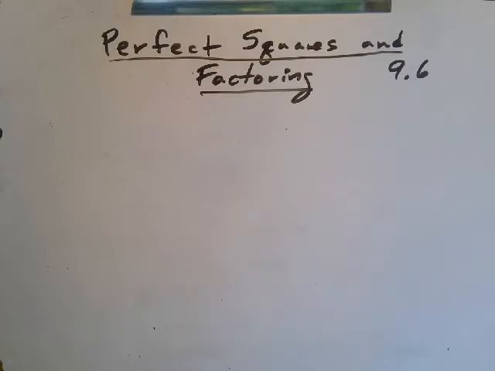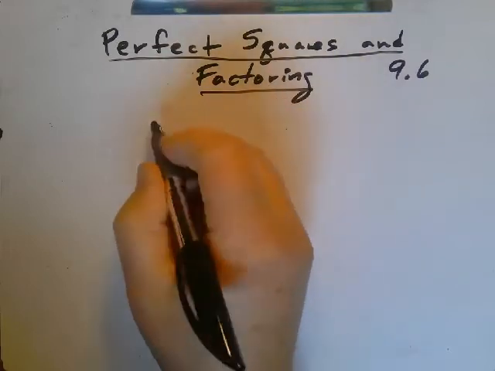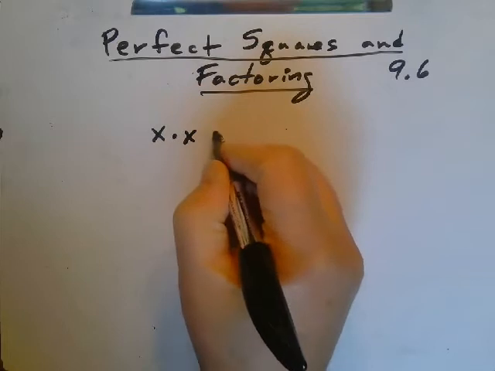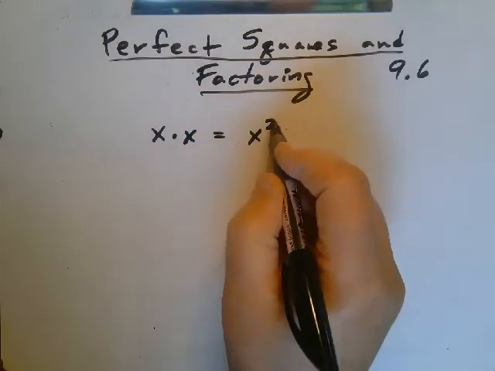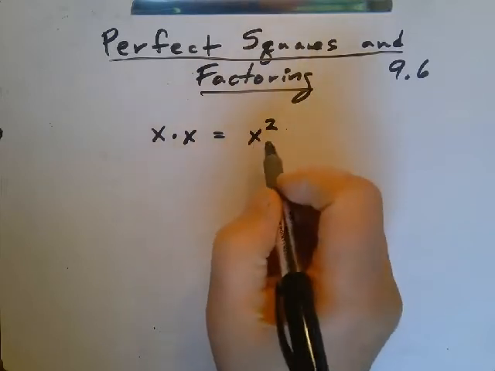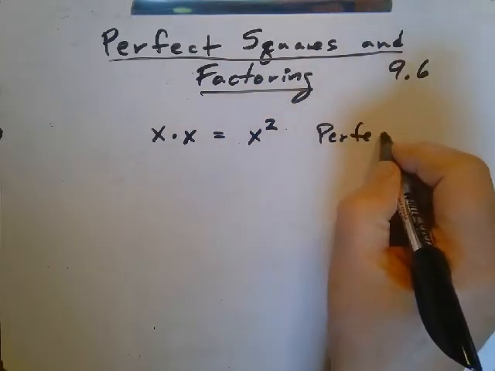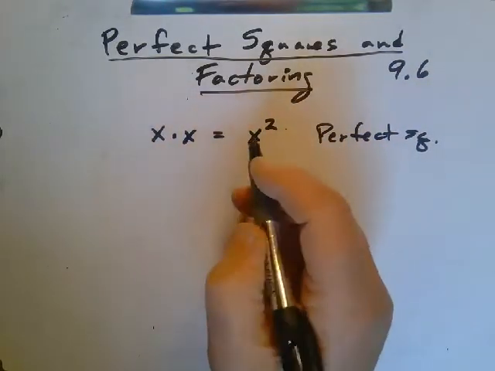All right, last time we talked a little bit about what a perfect square was. I'm going to hit that again real quick so that we know. To square something means to take something and multiply it times itself. Or another way to think of that is squaring it with a little exponent here. So x squared is a perfect square. It's a perfect square because I multiplied something times itself.